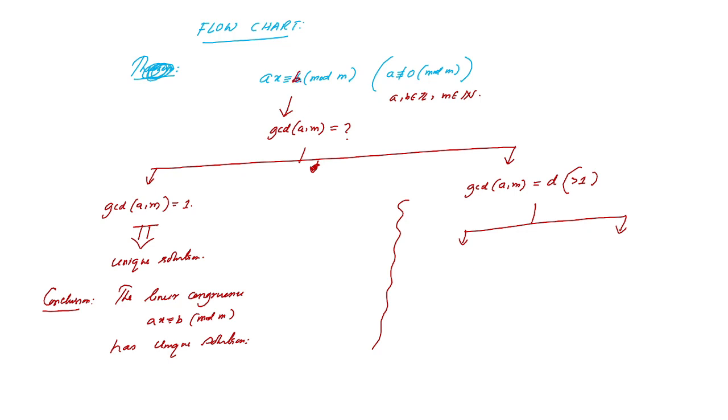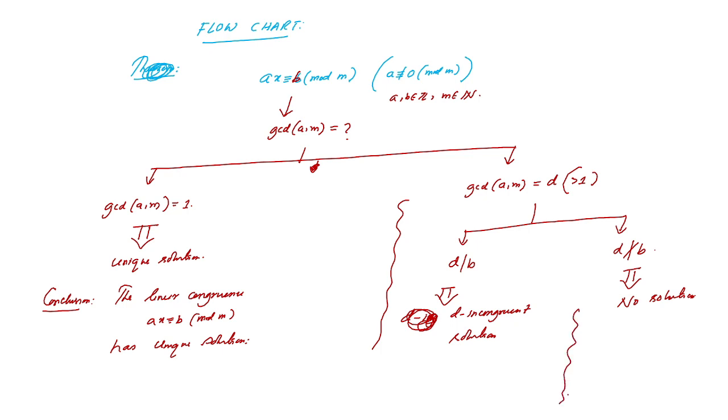This is our B. Either D divides B, or D does not divide B. If D divides B, then the linear congruence has D incongruent solutions. And if D does not divide B, then this case is for no solution.